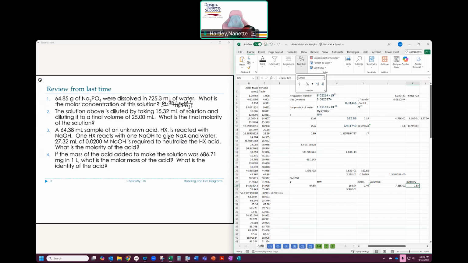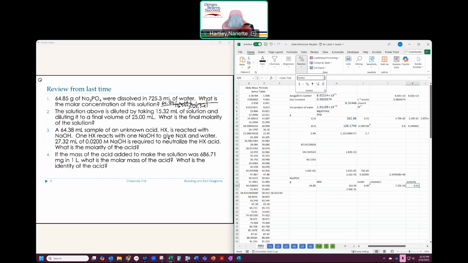I then divided that by my 725.3 milliliters.